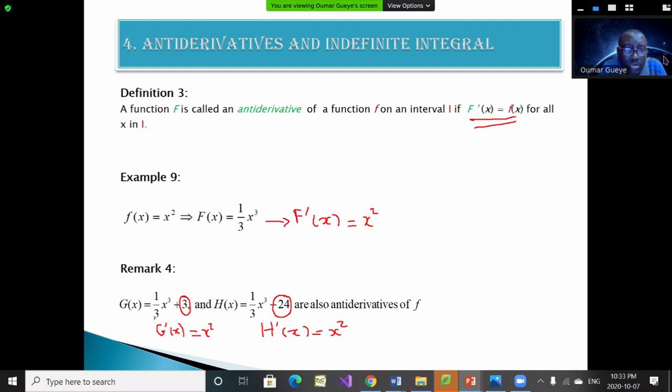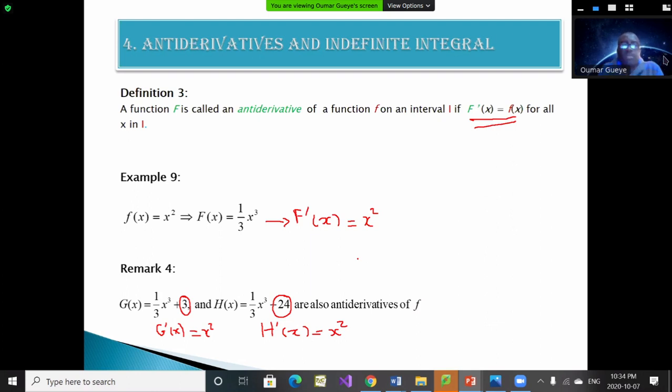For the second one, the constant is 3, and here it's -4. So basically, it means to find an antiderivative, you take just the common term, and you add any constant. It could be 3, -24, 0, 7, root of 4, root of 7, and so on.